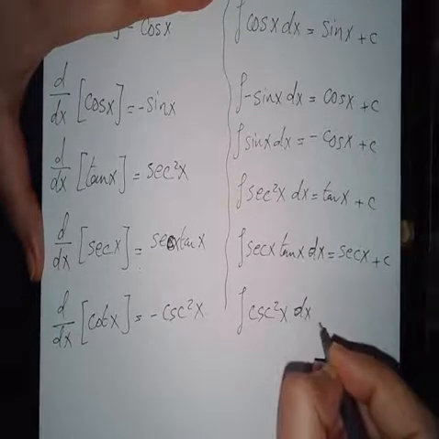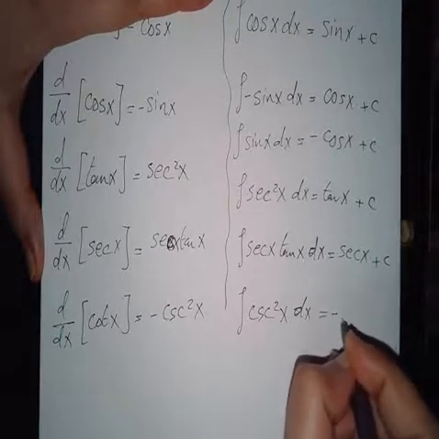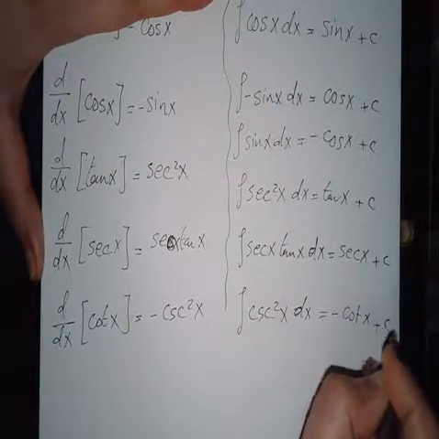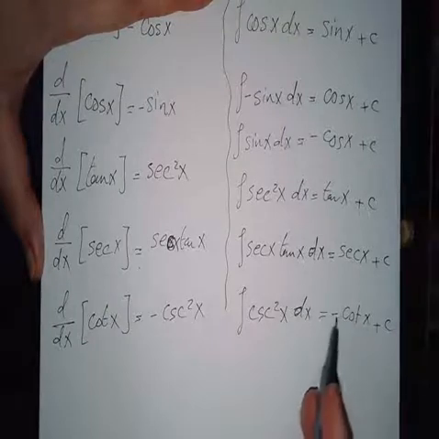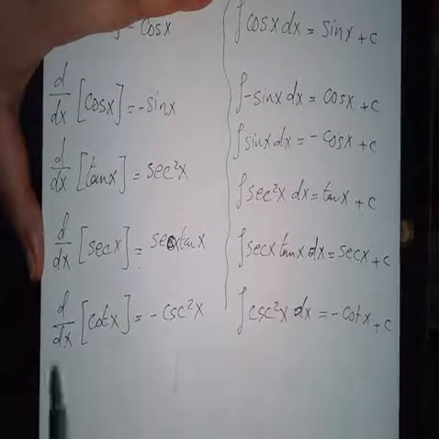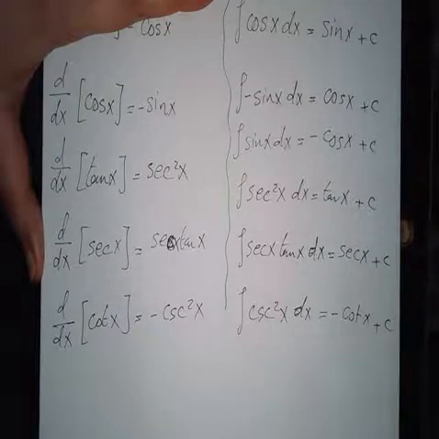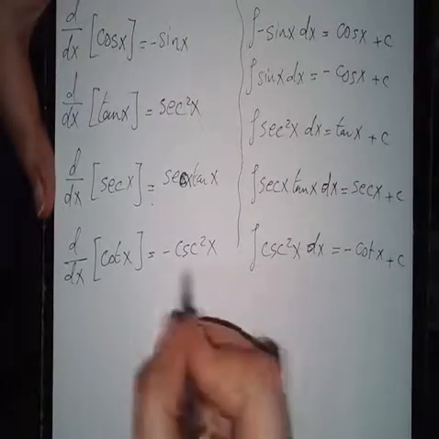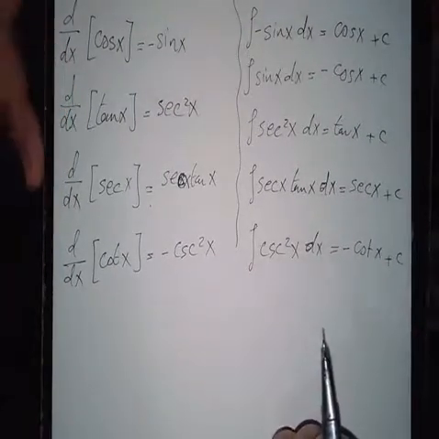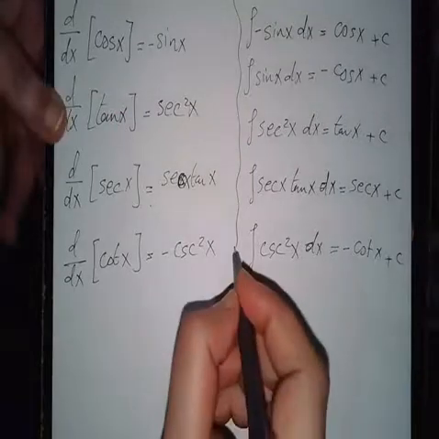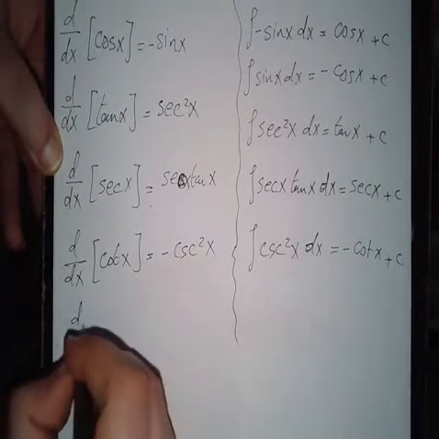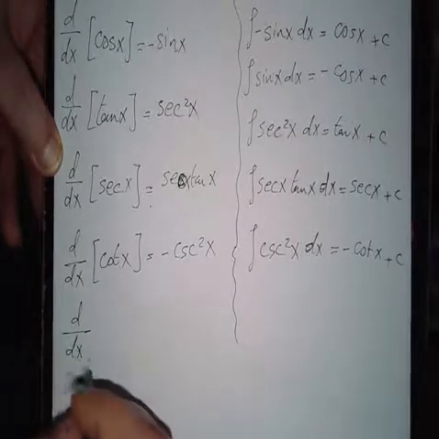Therefore, when you integrate dx, that gives you negative cotangent of x plus c. So the relation between the signs, or the contrast, if one is positive and the other is negative, is going to be maintained no matter where you start. So don't worry about it too much. But if I did give you a function that is negative, then you should integrate it as negative. But anyway.